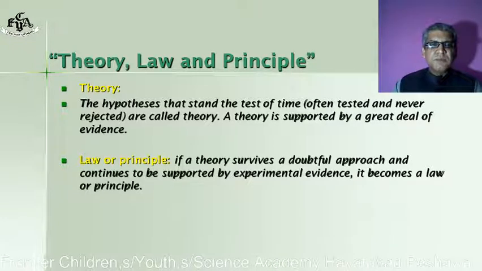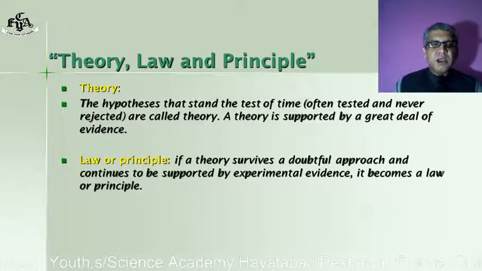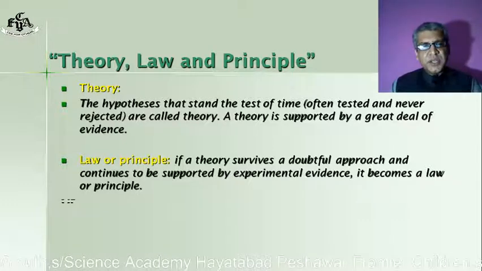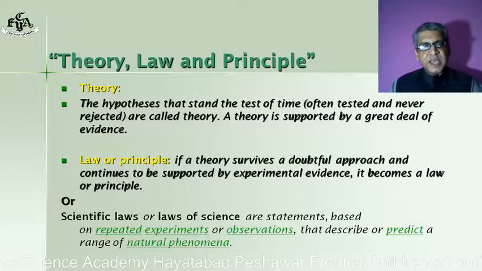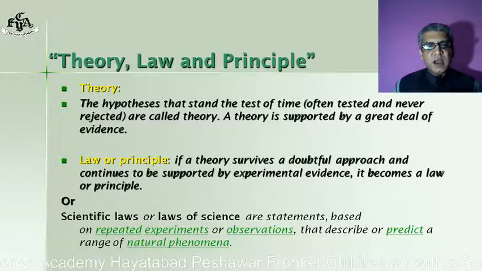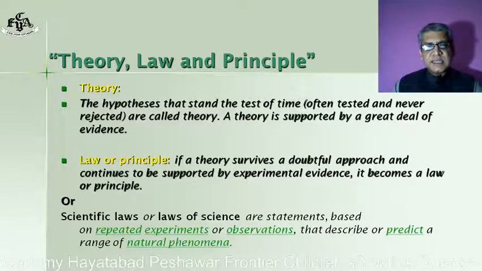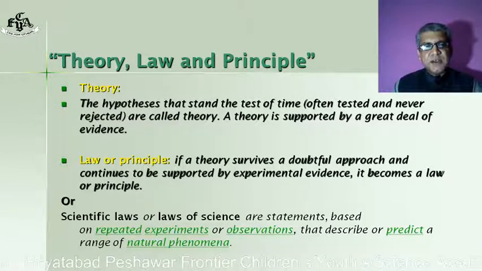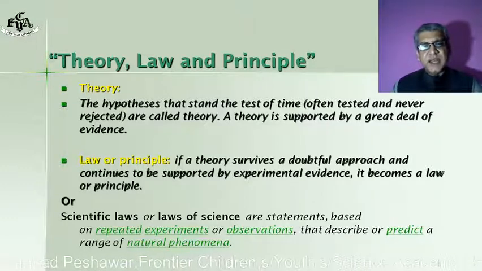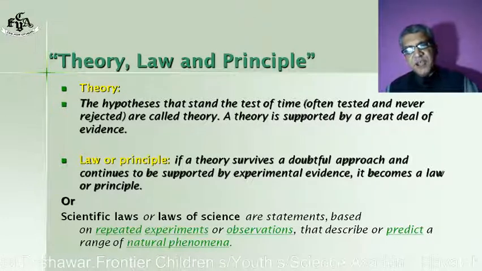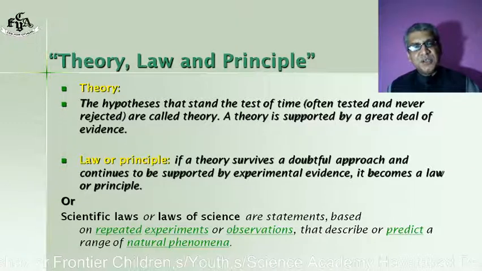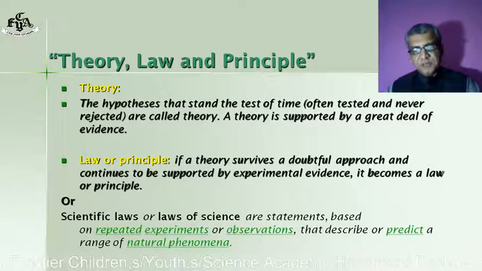If a theory is unable to be rejected, then it becomes a law or principle. So in other words, we can also say that a scientific law or law of science is a statement based on repeated experiment and observation that describes or predicts a range of natural phenomena.